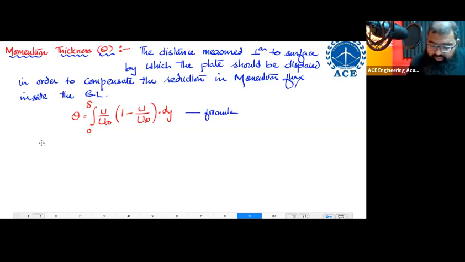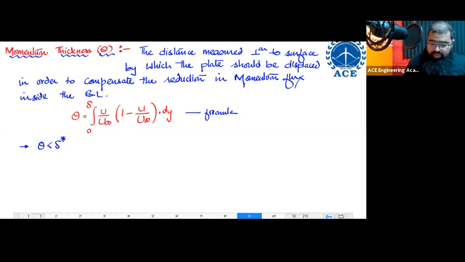Now, regarding momentum thickness, first thing you remember, the value of theta is always less than delta star. Delta star was displacement thickness, theta is momentum thickness. Why is it less than delta star? Just imagine for a moment that if I remove this part, then it is representing delta star.